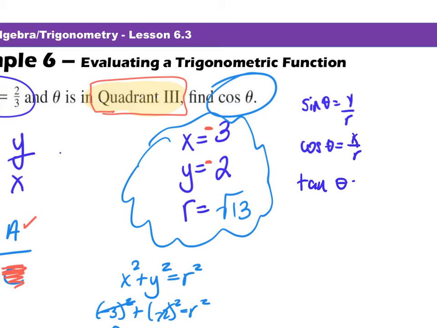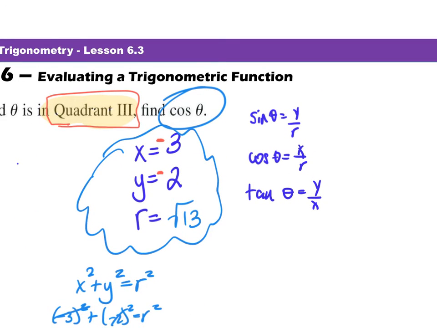Tangent of theta, y over x. Remember that? The reciprocal of sine is cosecant. So what would it be? What over what? R over y. Good. The secant of theta would be what? R over x. The cotangent of theta would be x over y.